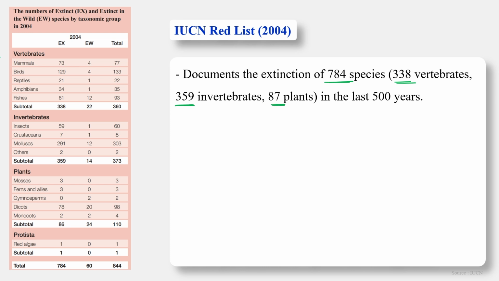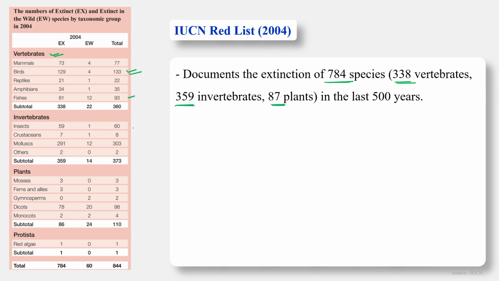As you can see in this chart, among vertebrates, the maximum number, around 359, belongs to birds under the extinct category, followed by fish and then mammals.